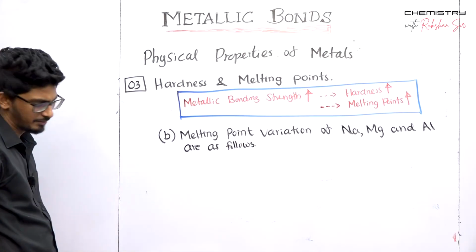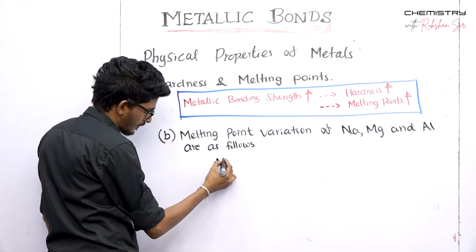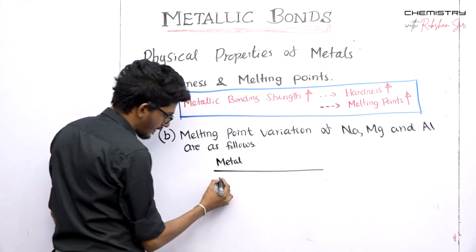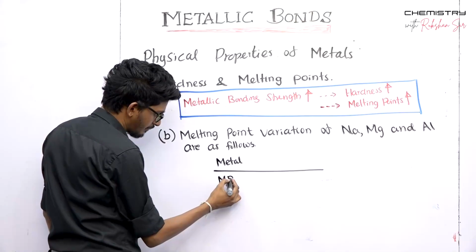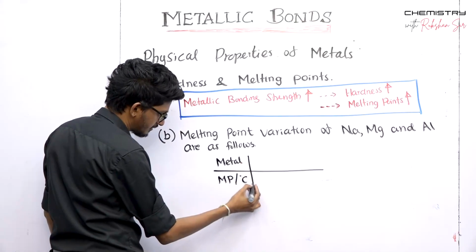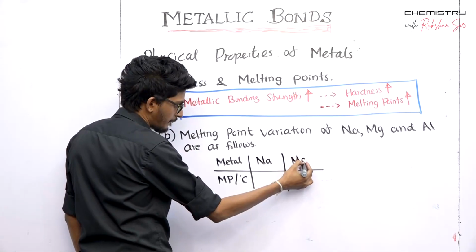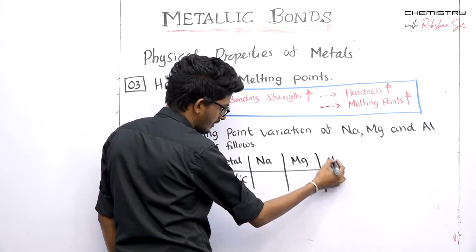Right? The melting points are like this. So let's see. We have the metal here, and the melting point in Celsius for sodium, magnesium and aluminium.